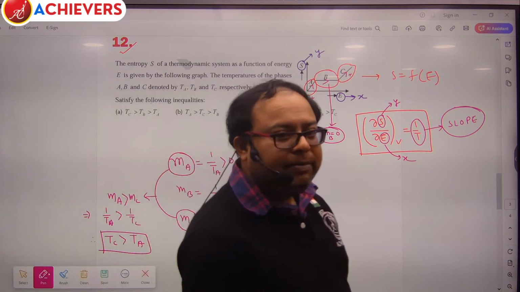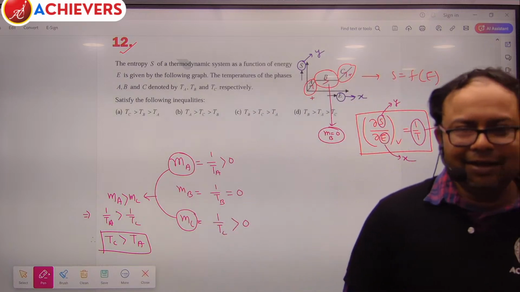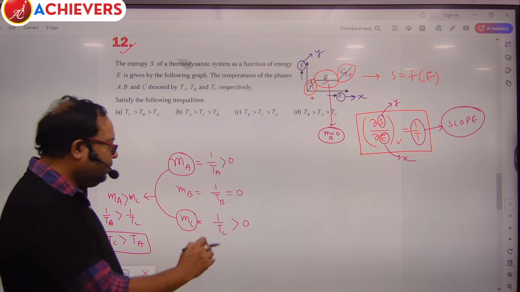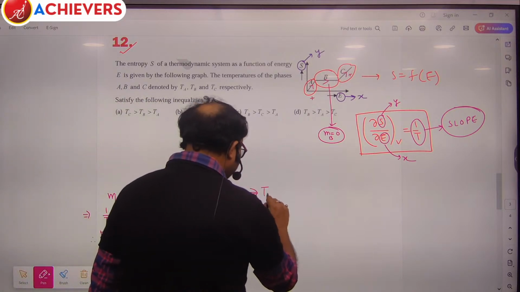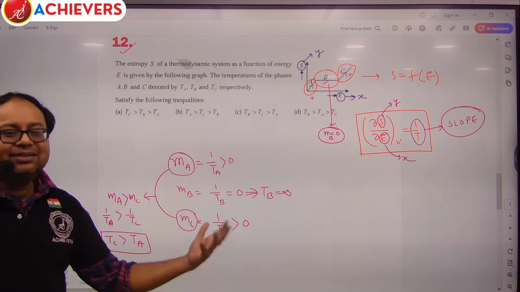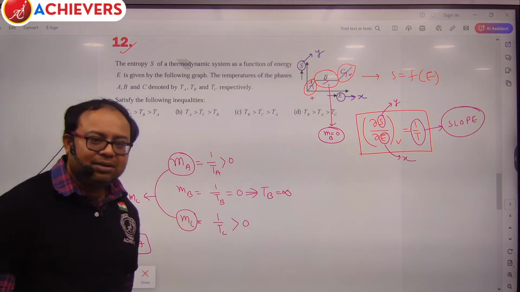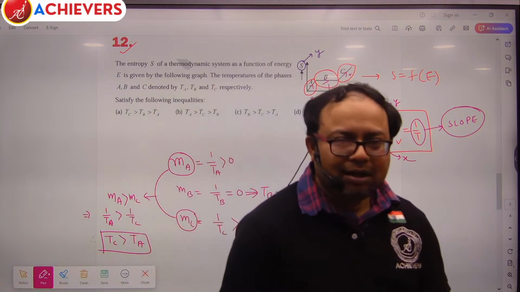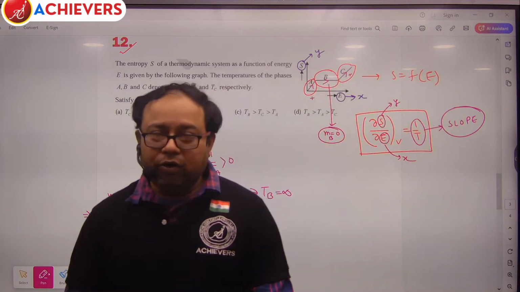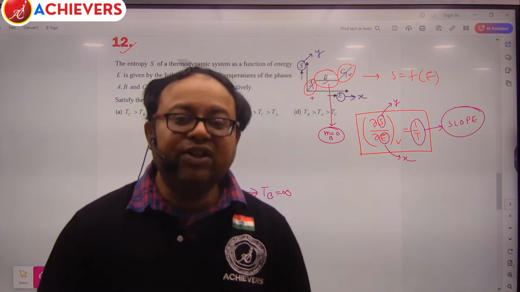And what about TB? If 1 by TB is 0, that means TB is infinite. So TB is highest. Out of these three temperatures, which one is the highest?